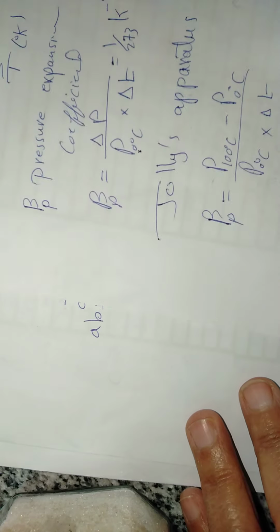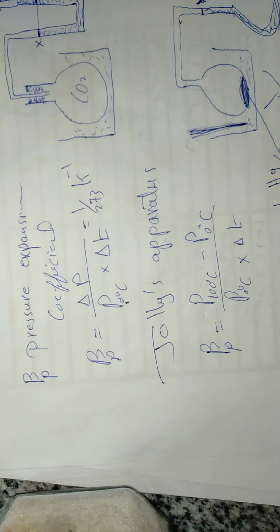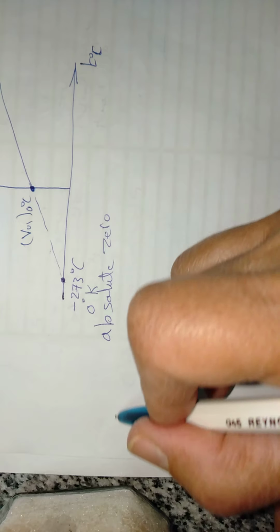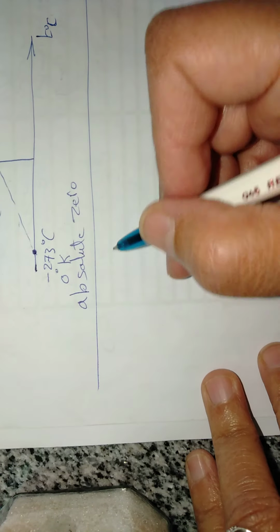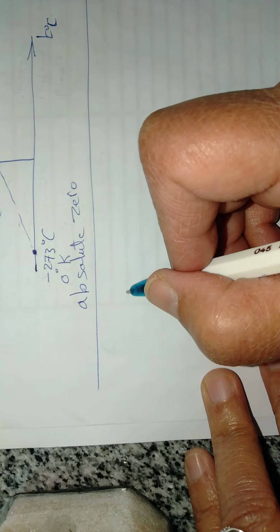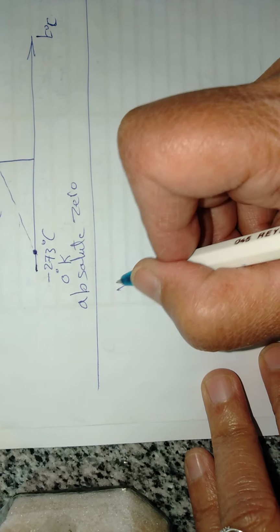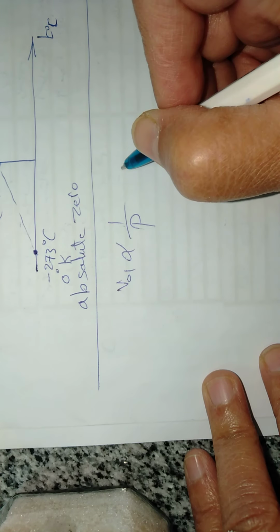General gas law. General gas law states that from Boyle's law, we said that volume is inversely proportional to pressure at constant temperature.